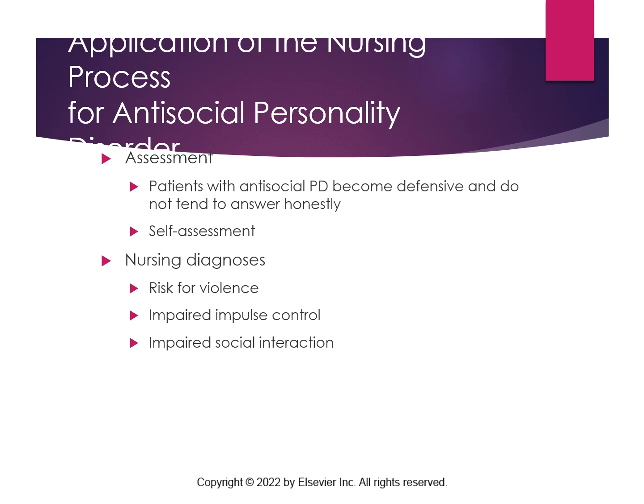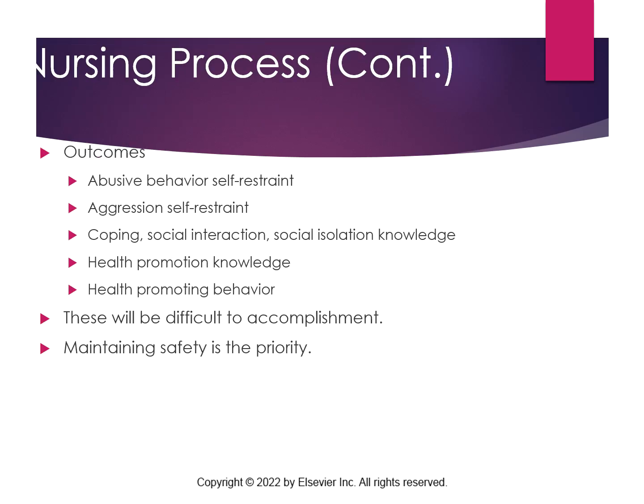The nursing diagnosis includes risk for violence, impaired impulse control, impaired social interaction. So again, we need to make sure that we are not caught between them and the door when we're intervening, when we're interacting with these patients. And then the outcome would include abusive behavior, self-restraint, aggression, coping, social interaction, social isolation knowledge, and then health promotion knowledge, health promotion behavior.